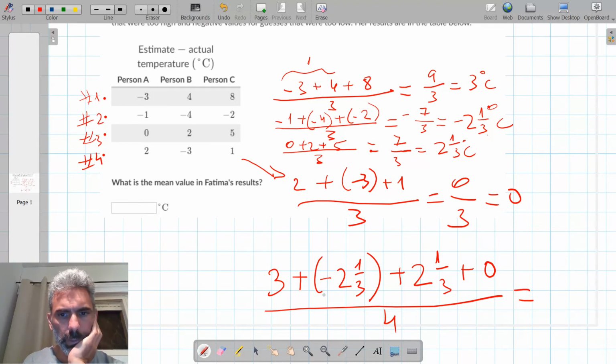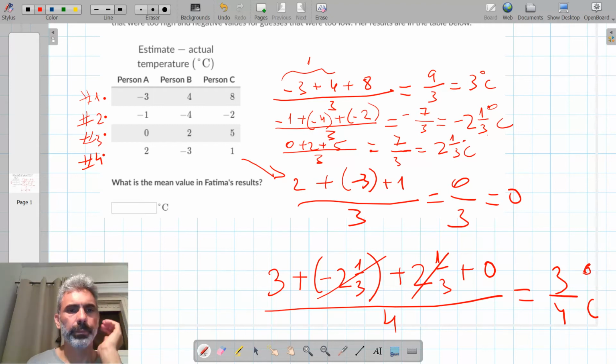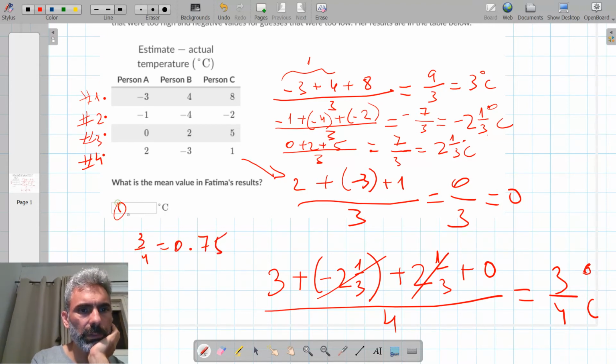So the -2 and 1/3 and the positive 2 and 1/3 cancel out each other, so 3 plus 0, so 3/4 degrees Celsius. So it can be written as 3/4 or 0.75.